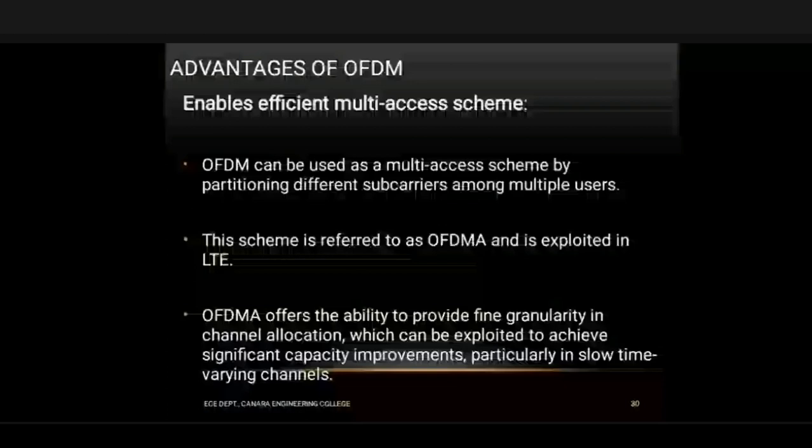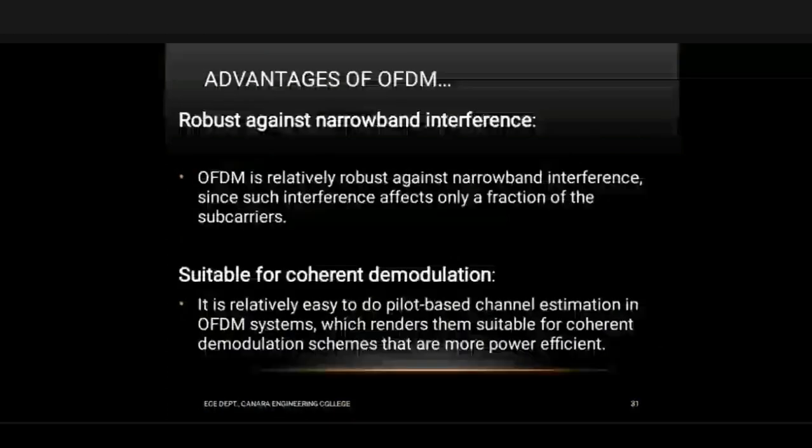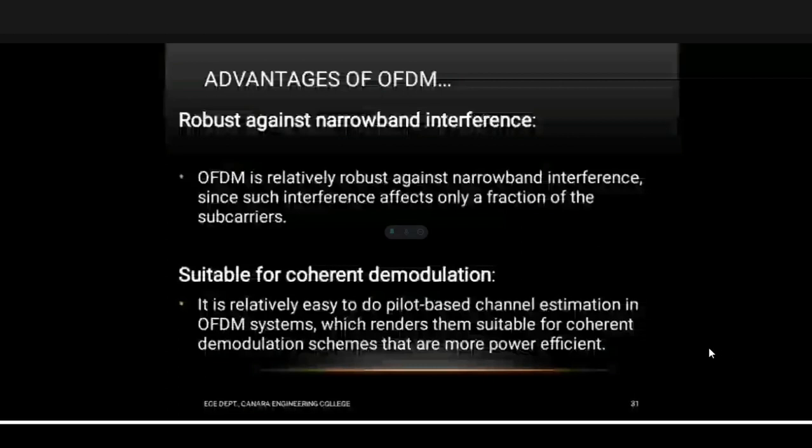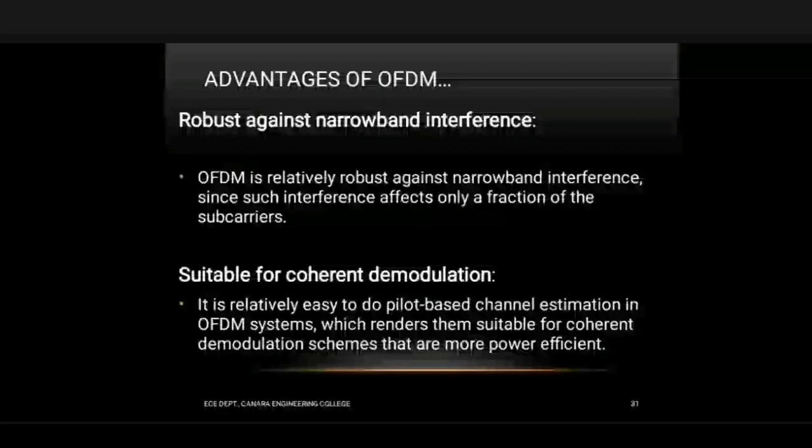Next, it is robust against narrowband interference. It's relatively robust against narrowband interference since such interference affects only a fraction of the subcarriers. Suppose your bandwidth is 20 megahertz, which in real terms is maybe 1020 megahertz to 1040 megahertz.